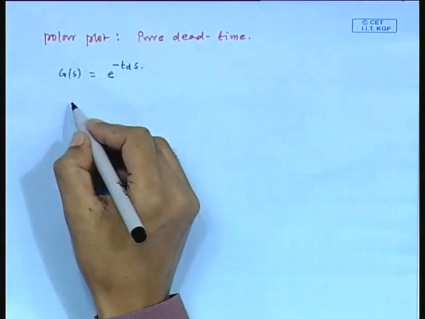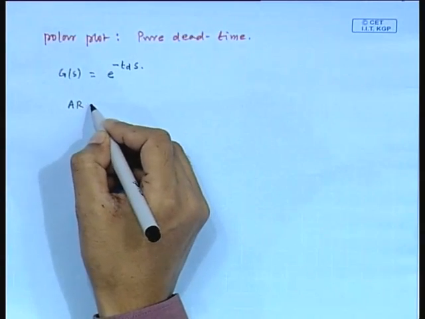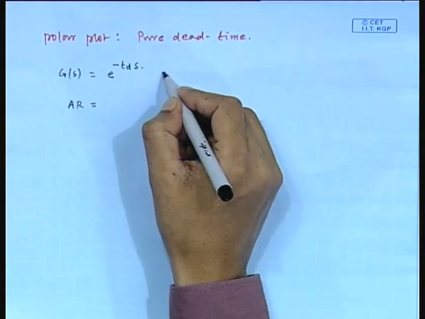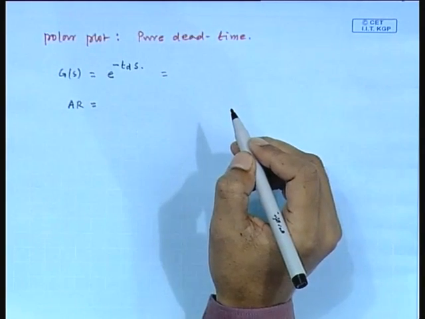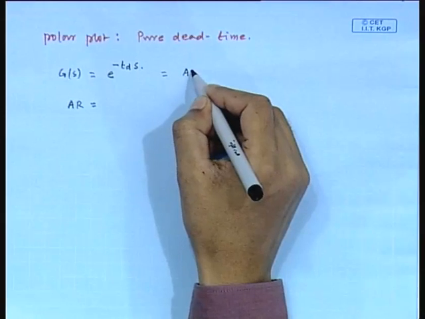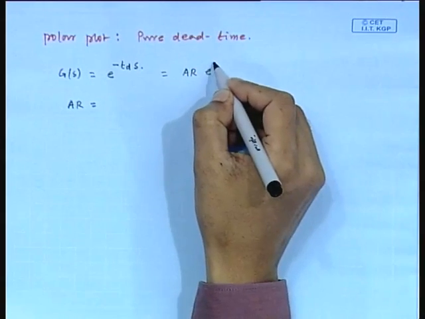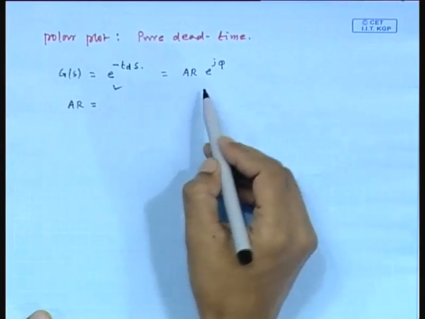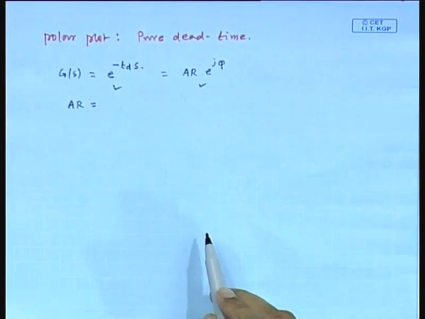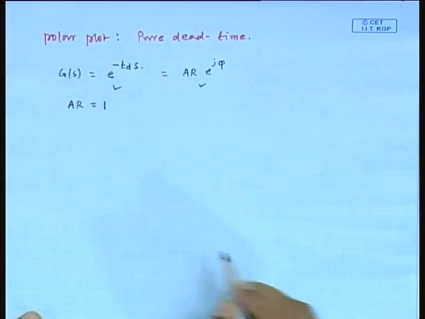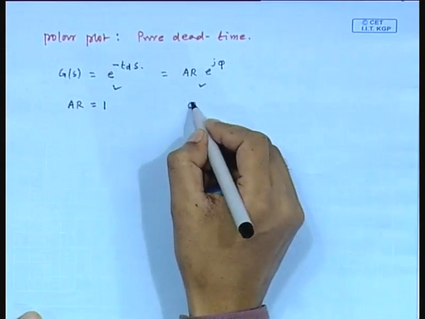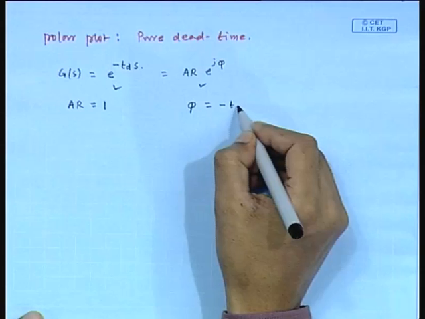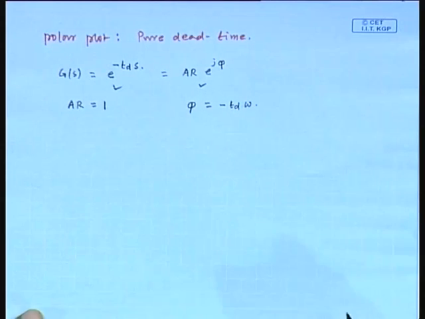How much is the amplitude ratio? You can compare this with the standard polar form, that is amplitude ratio exponential of j phi. Compare this with this. How much is amplitude ratio? 1. How much is phi? Minus TD omega.